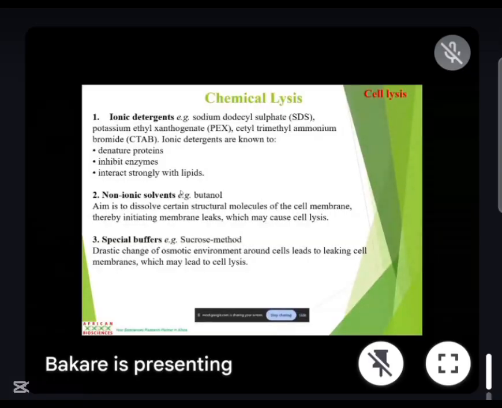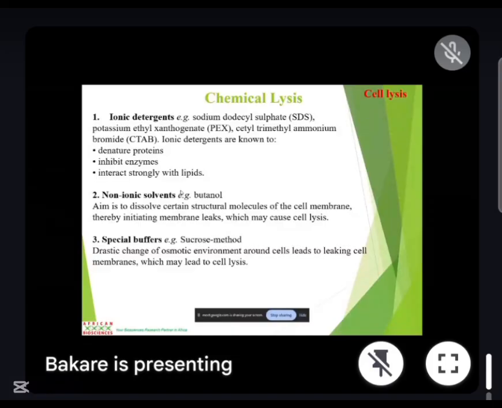So it contains this ionic detergent, and then some kits also have, I said earlier that we have two types of lysis buffer. So the second type is the non-ionic solvent that comes with the kit as well. So that one contains butanol.